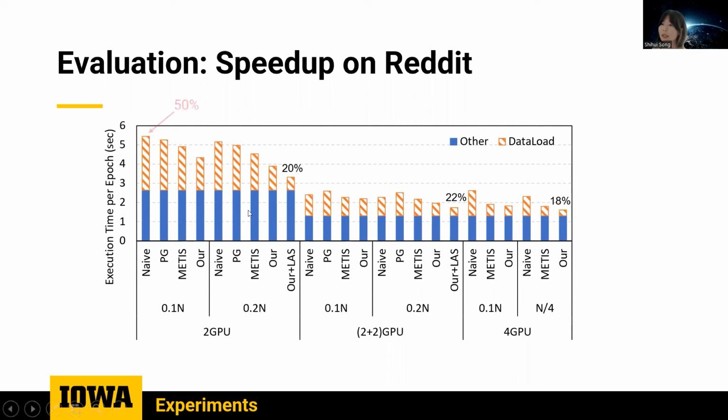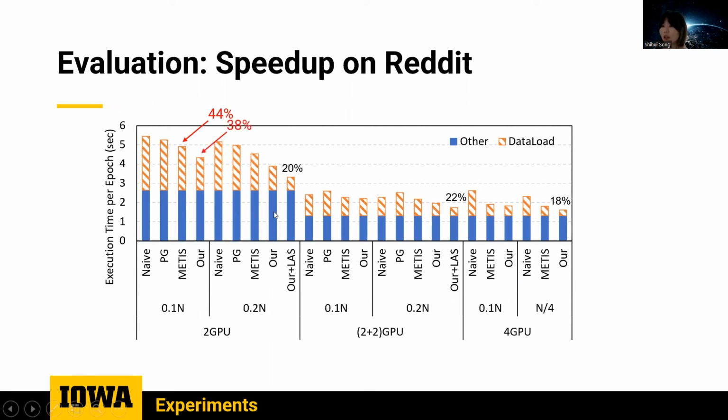We can see that the data loading time of naive takes 50% of the total time, and ParaGraph slightly decreased the portion to 48%, and Metis decreased this portion to 44%, which is also an unacceptable number. Our method can decrease the data loading time to 38% of the total execution time.